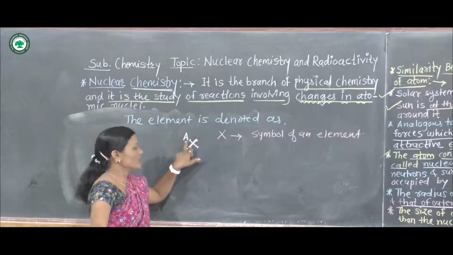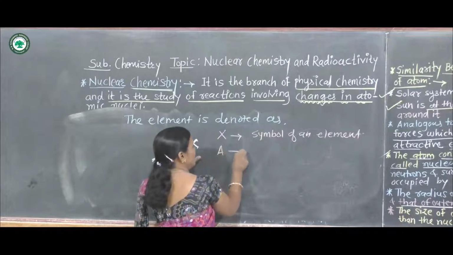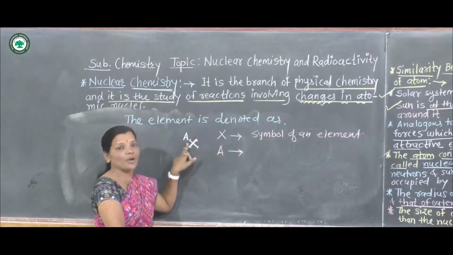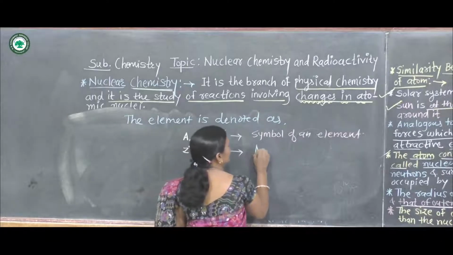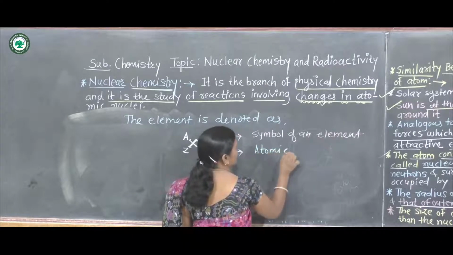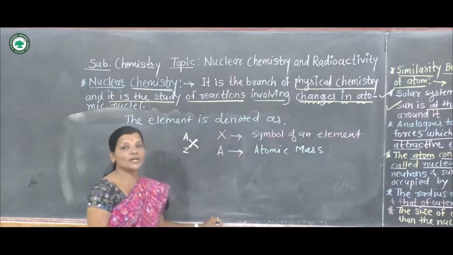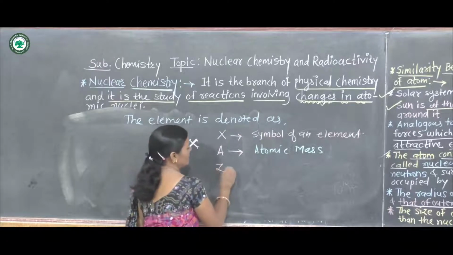Now the superscript A, to the left hand side of the X symbol, represents the atomic mass of that particular element. And what is Z?